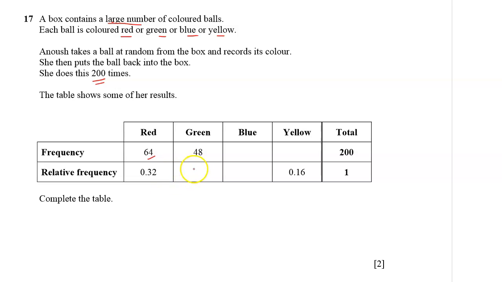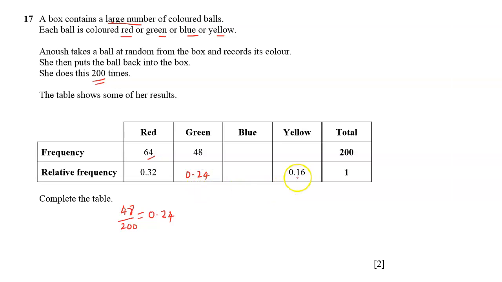To calculate the relative frequency of the green ball, we're going to take the number of times she has picked the green ball, which is 48 out of the 200 times, and when you do 48 divided by 200, you're going to get 0.24.